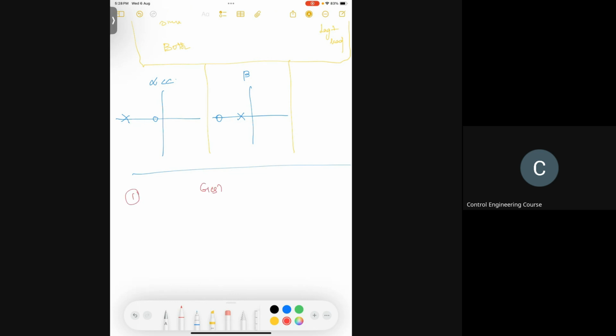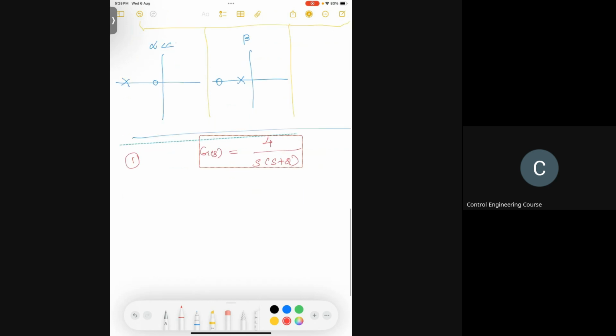For example, I am taking this open loop transfer function, which is 4 by s into s plus 2. My requirement is that you want to design a compensator so that your static velocity error constant Kv is 20 second inverse.